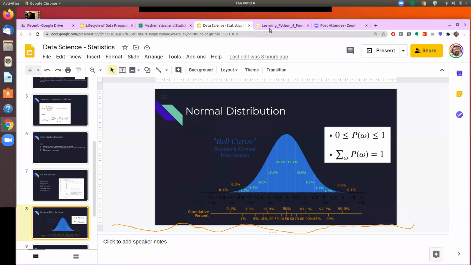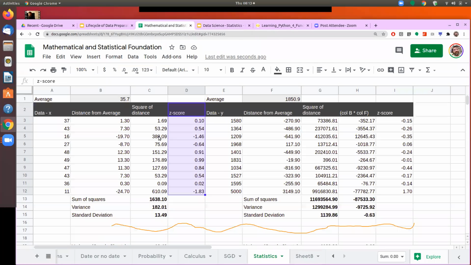So let's go back to our Excel sheet, just to make the concept very clear. Now suppose this was the time which I am taking to reach office, and there are 10 days of data which I have.